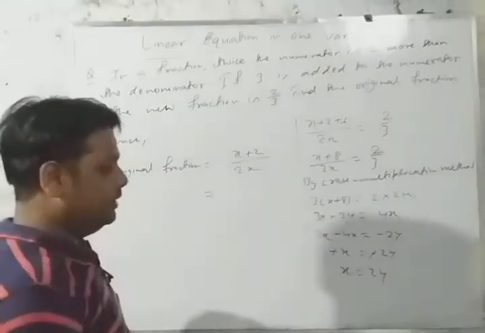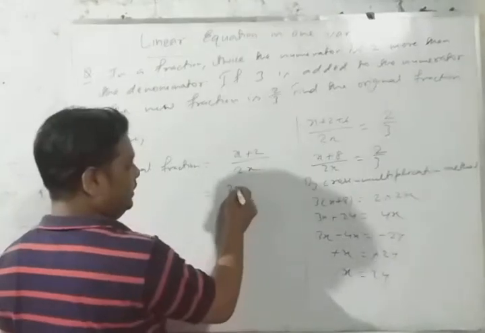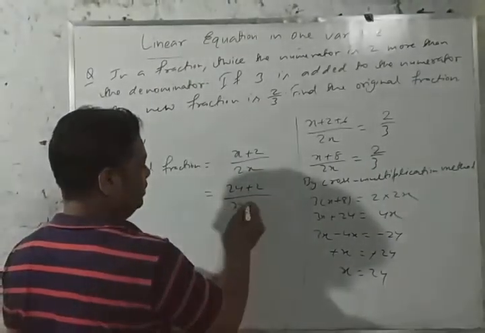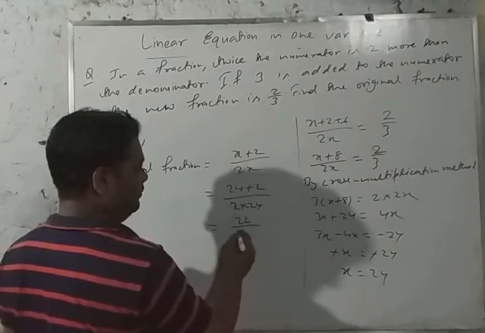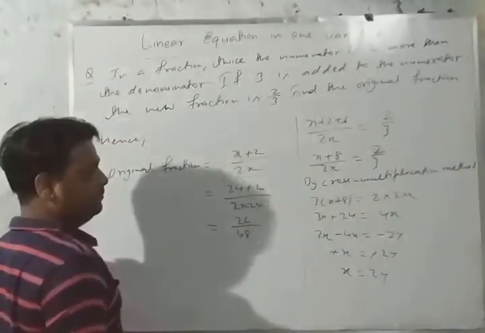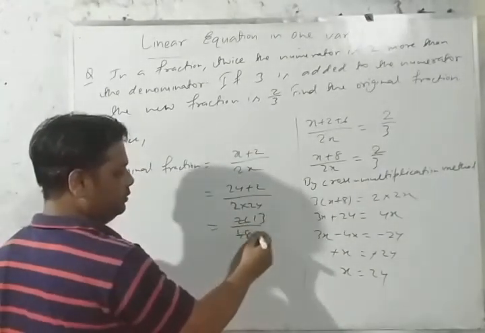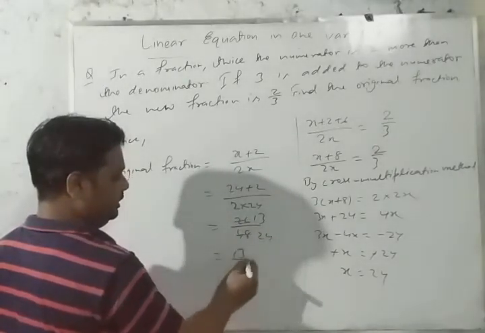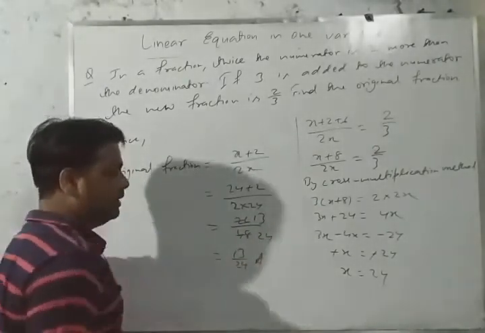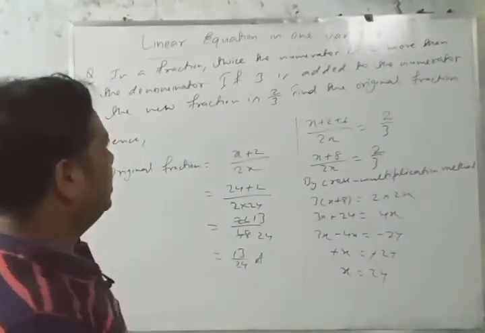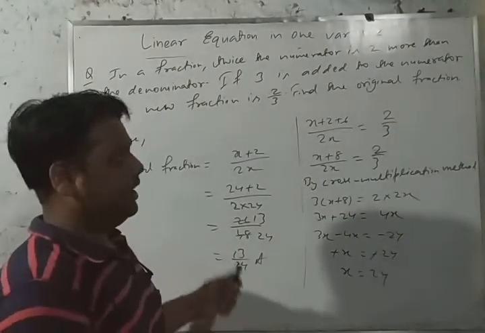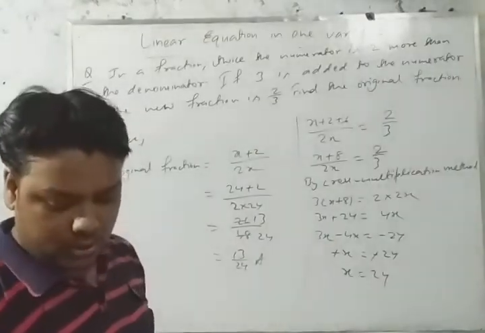Now put the value: 24 plus 2 and here 2 into 24, that is 26 by 48. Divide it: 2 times 13 is 26, 2 times 24 is 48. So 13 by 24 will be our answer. So like this we can solve questions based on fractions. Okay, I hope that you all have understood.